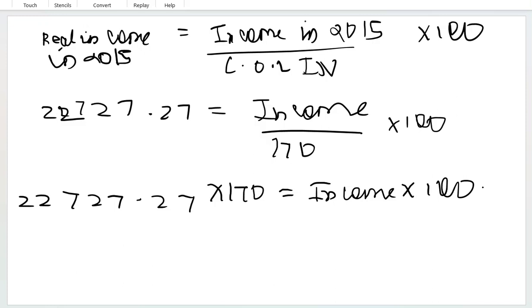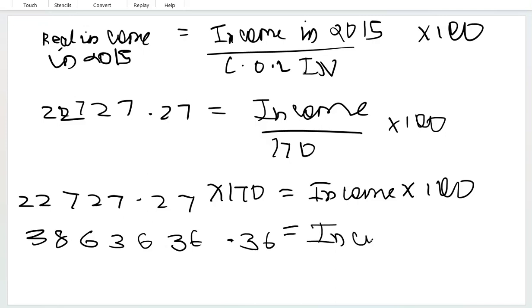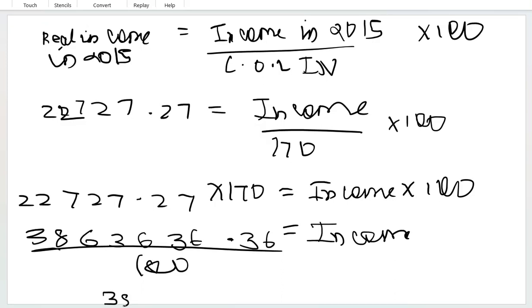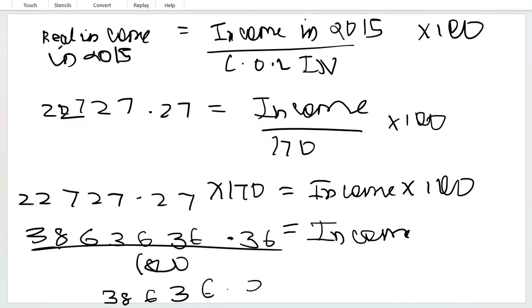So this answer is 38,636.36 upon, now we divide it by 100, to get the answer, which is 38,636.36. This is the answer.